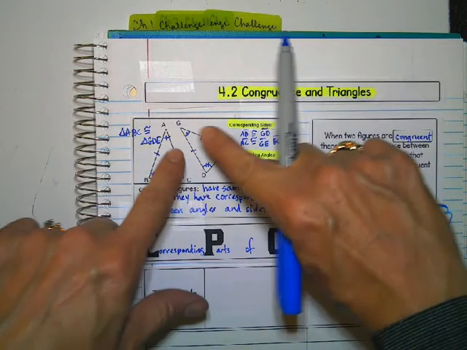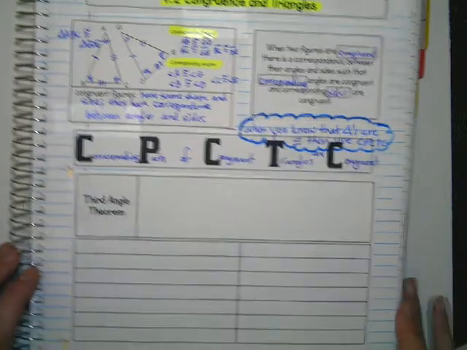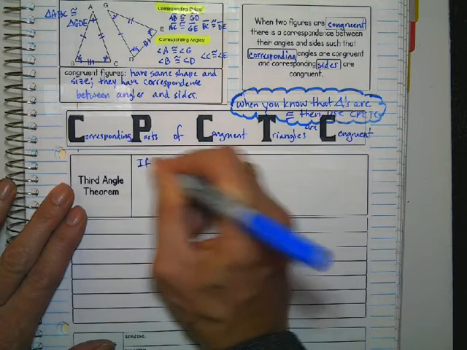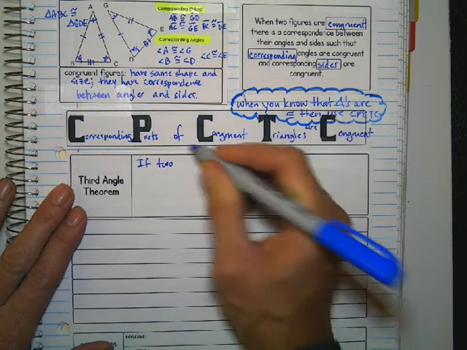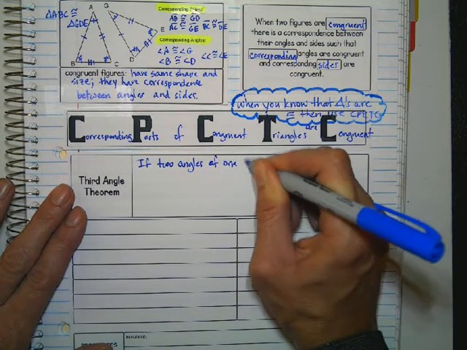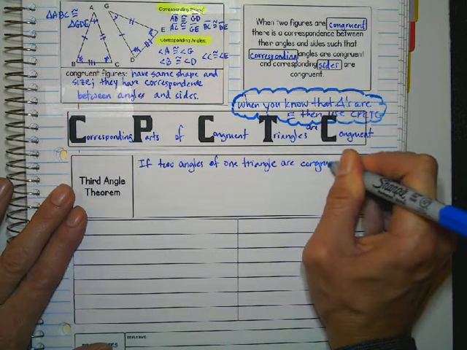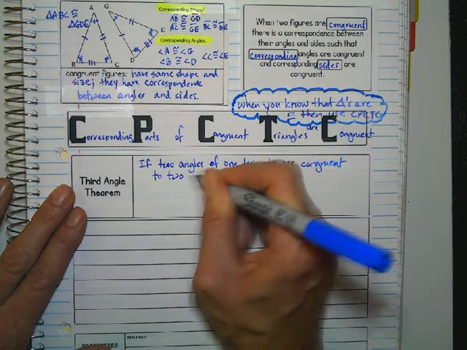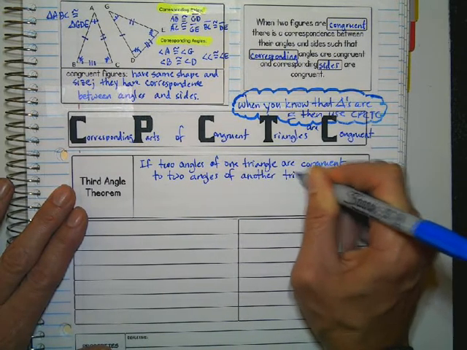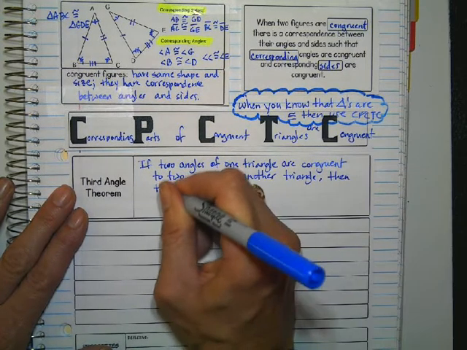Alright, well, we're going to talk about the third angle theorem then. The third angle theorem is this: if two angles of one triangle are congruent to two angles of another triangle, then the third angles are congruent.